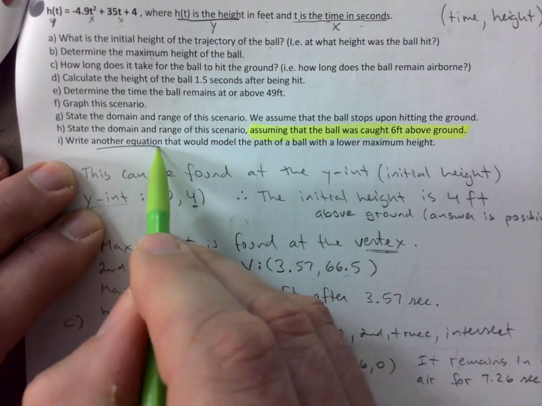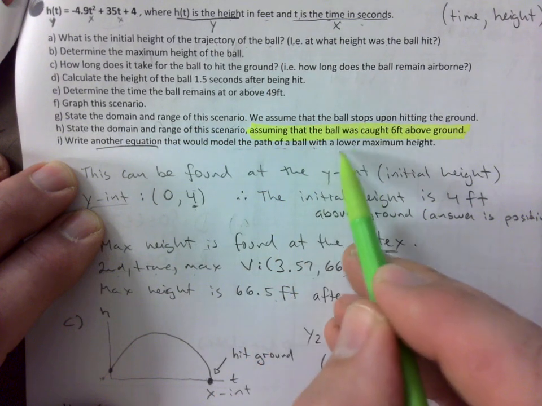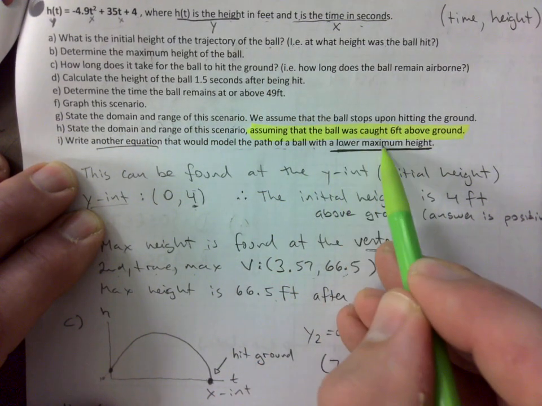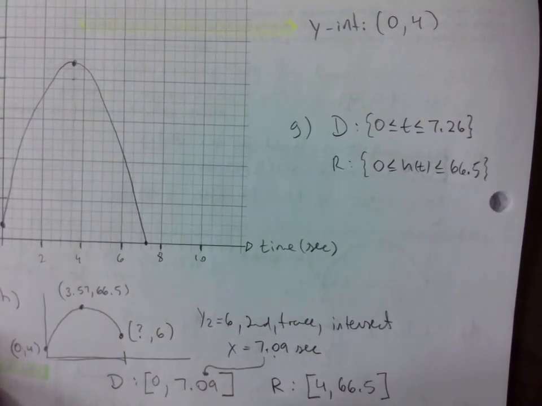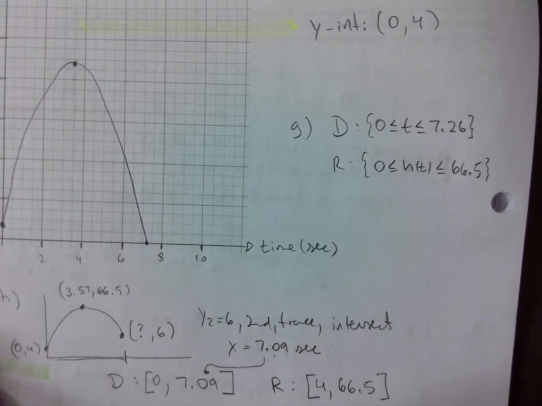Write another equation that would model the path of a ball with a lower maximum height. A lower maximum height. So basically what I want you to do is like the OG, this one, 35t plus 4.